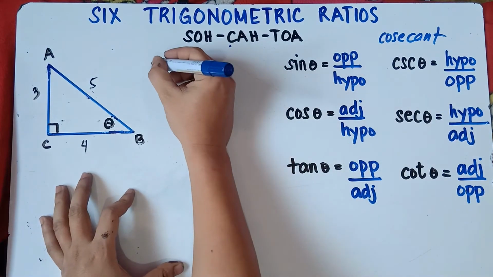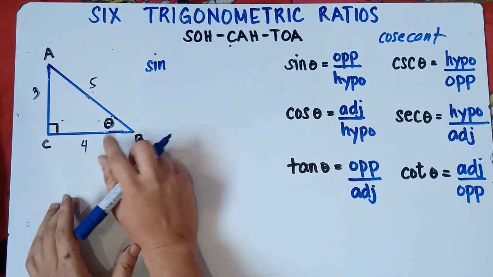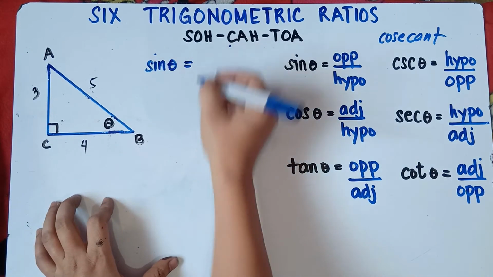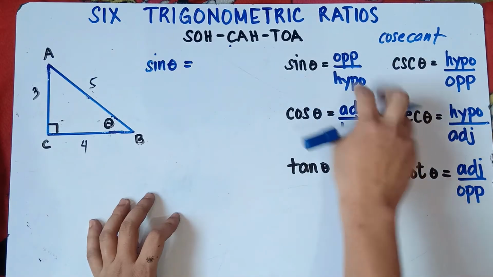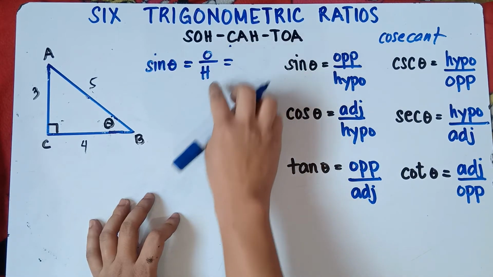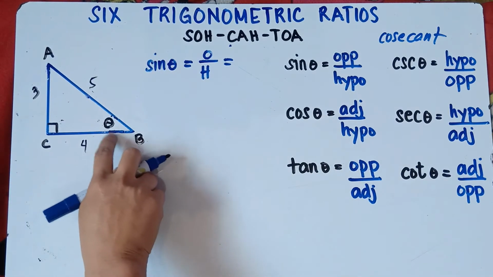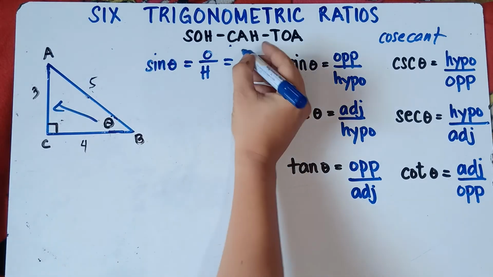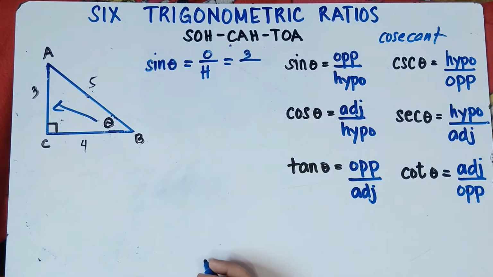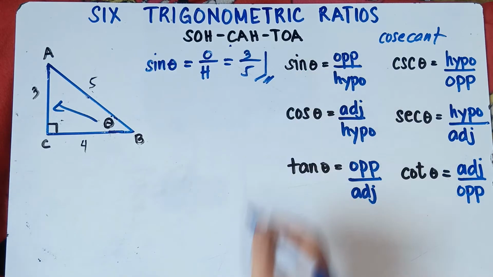Sine of your reference angle, that is theta. So you put sine theta equals opposite over hypotenuse, so you can put O over H. Our opposite is opposite of this angle theta, so that would be 3. And our hypotenuse, the longest side, is 5. That's it, class. That's your answer there.